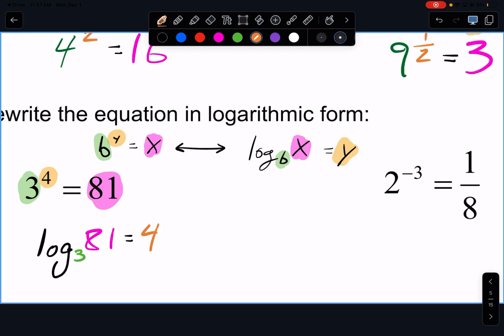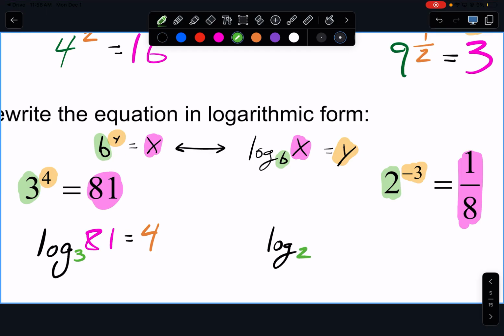Now we're going to do the next one. So there's my base, there's my y, and there is my x. Then the first step is to write log.